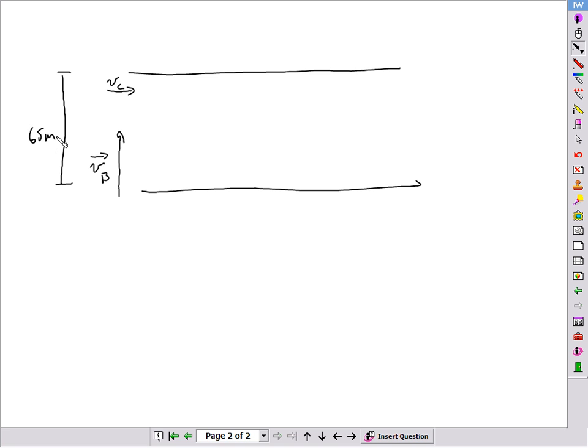I believe we said 65 meters in the one before, so we'll keep it the same river. Now my boat heads straight across the river. That's the speed of the boat in still water. The current pushes me this way, and so my actual velocity, just like before, is going to be here.